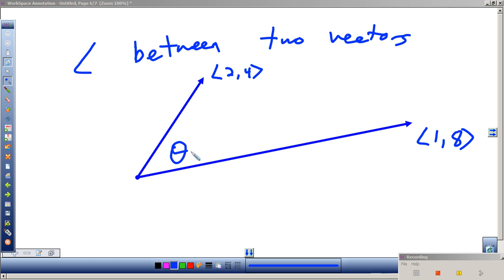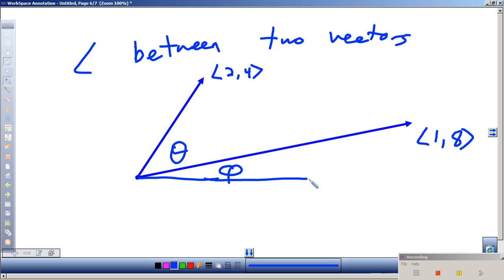Okay, determine how big this angle is. Could you get this angle right here? Could you calculate speed? Should be easy. Okay, this is 1, this is 8, inverse tangent.